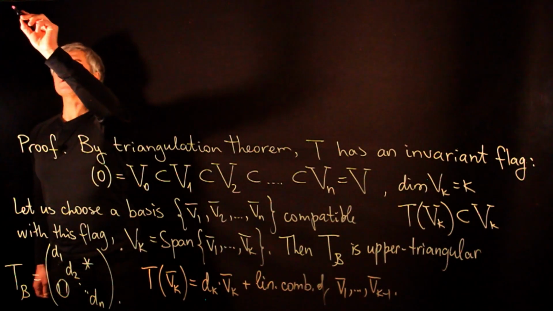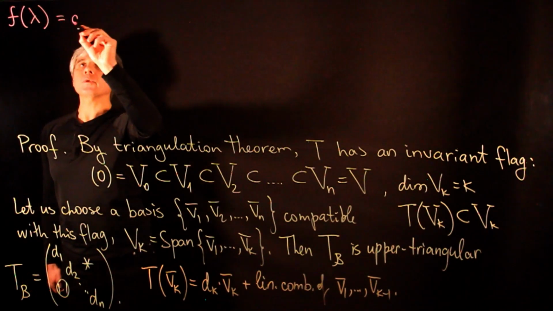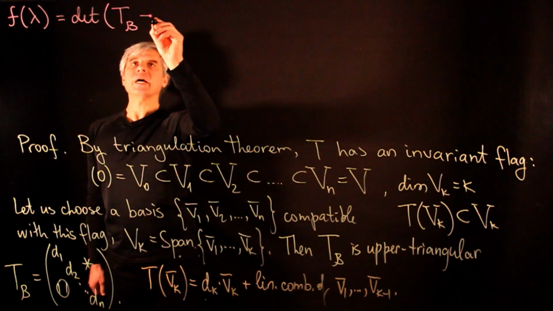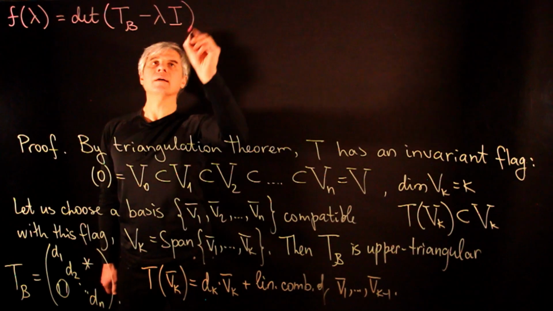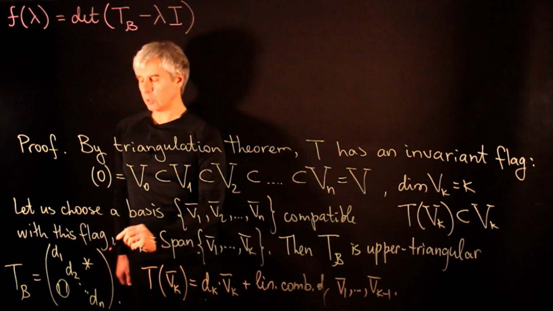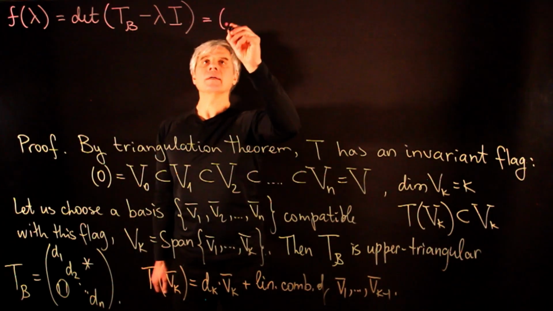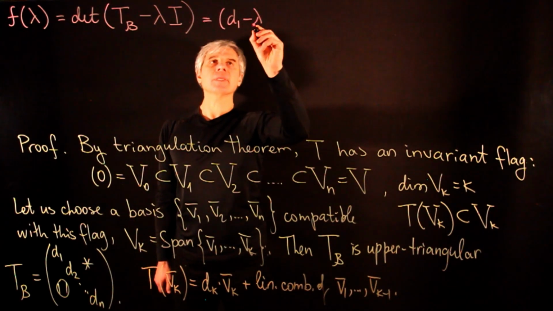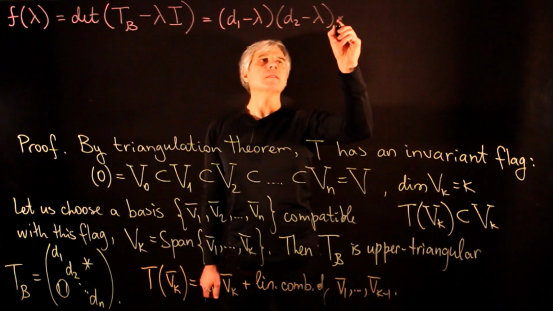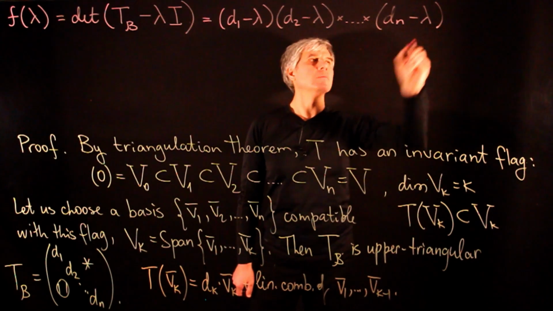Let us compute the characteristic polynomial. f of lambda is equal to the determinant of T_B minus lambda I. But this matrix is again upper triangular, so it's super easy to compute its determinant. So this will be (d1 minus lambda) times (d2 minus lambda) times ... times (dn minus lambda).